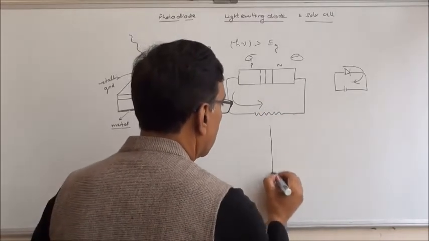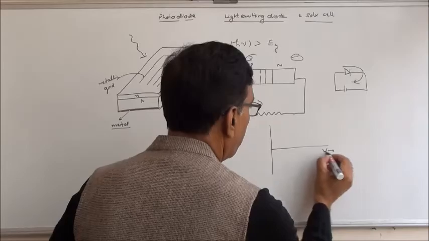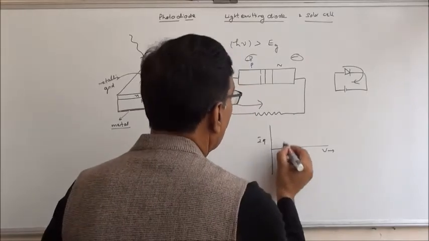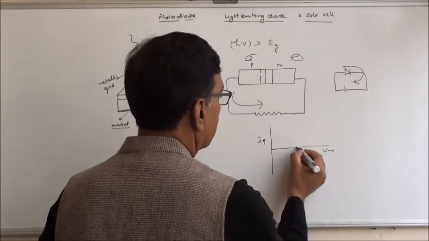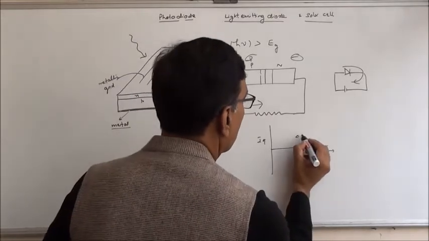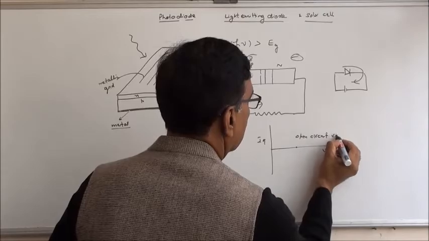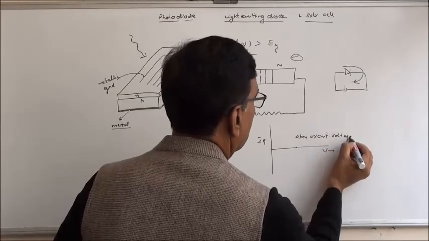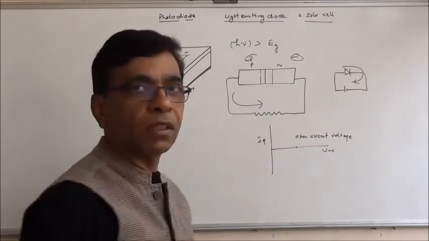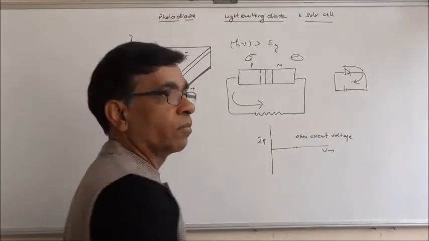So if I plot a VI graph, initially the voltage is maximum. We call it the open circuit voltage. And when I connect it to this resistance, current starts flowing through it.